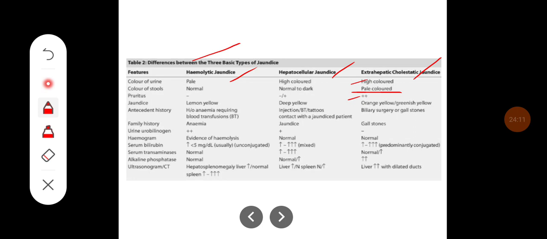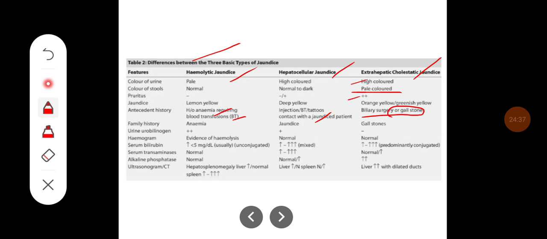In hemolytic jaundice, there is a history of anemia and the requirement of blood transfusion. Whereas in hepatocellular jaundice, there is a history of contact with a jaundice patient, and in cholestatic jaundice, there is a history of gallstones or biliary surgery.